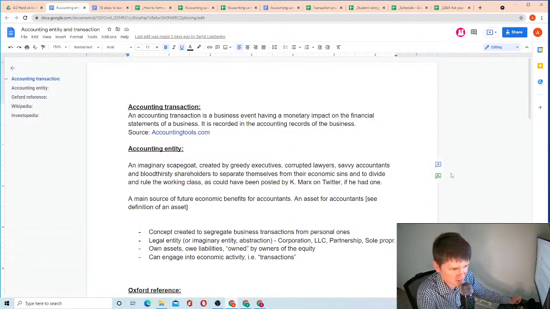And the same happens with owners. When you are an owner of the business and you, for example, take money from your business and spend it on your personal items, that will be an owner's draw in the business. That will not be an expense of the business.